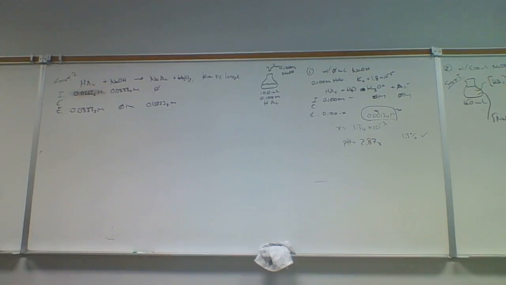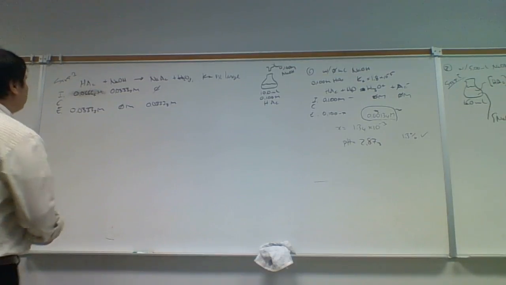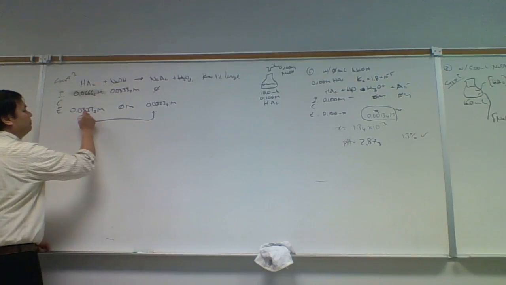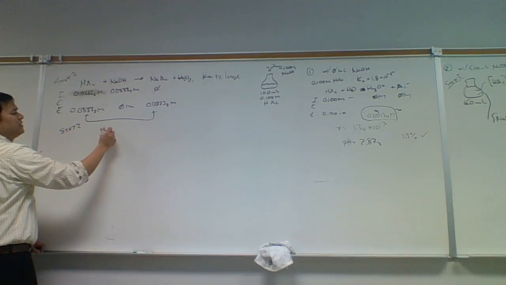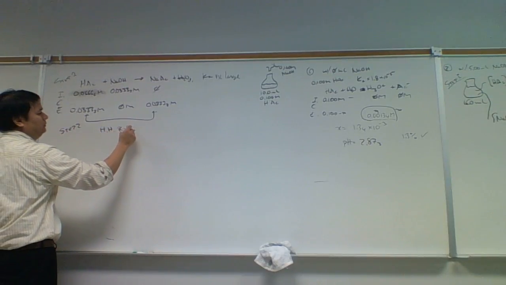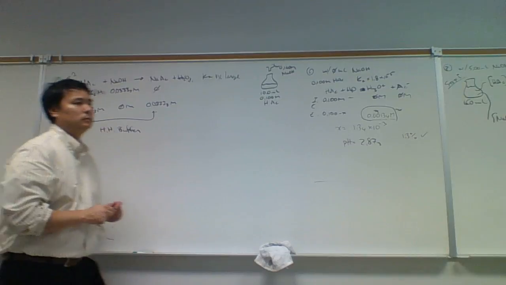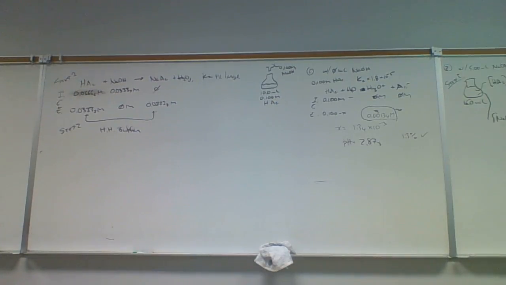This is a Henderson-Hasselbalch buffer, and so step 2 is very easy. I'll call it HH buffer. And so this is why we call this region of the curve the buffer region.